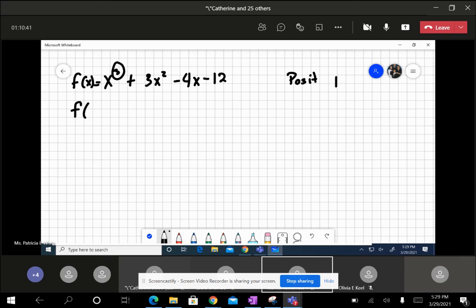What would f of negative x be? Which terms would change their signs if I was putting in a negative x? Would my first term change its sign? Yes, because 3 is odd, so that's going to become a negative x to the third. Would my second term change?